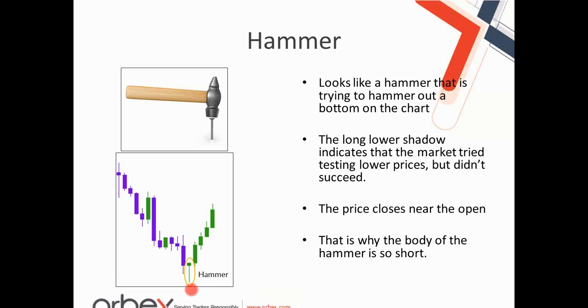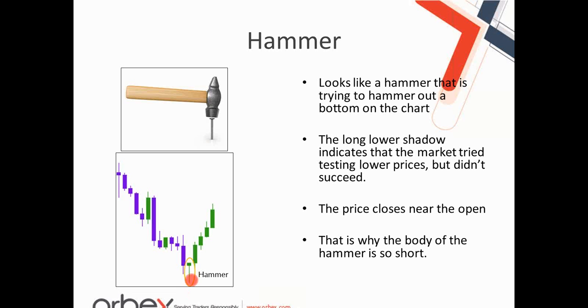It tested all the lower prices but was not able to close at a lower price, and it actually went up. That's why the shadow of the hammer is so long. So that is why we can expect the bulls to have decided to win and go up.